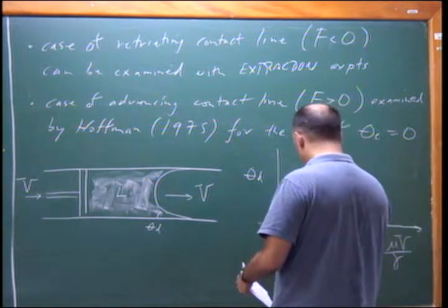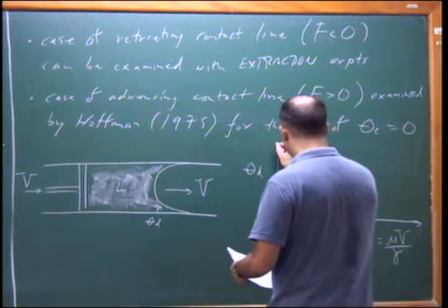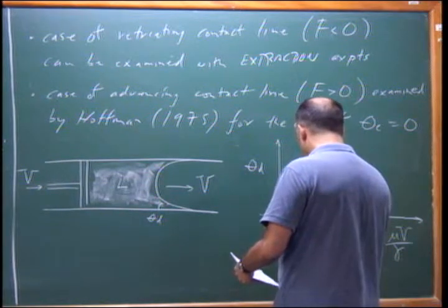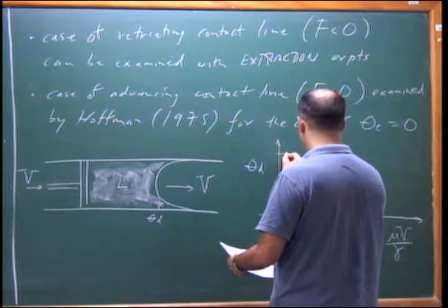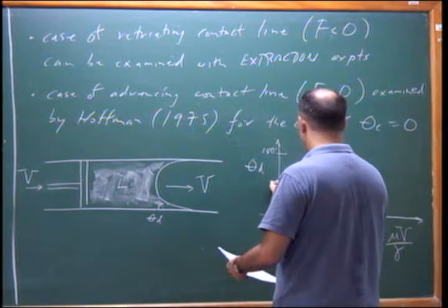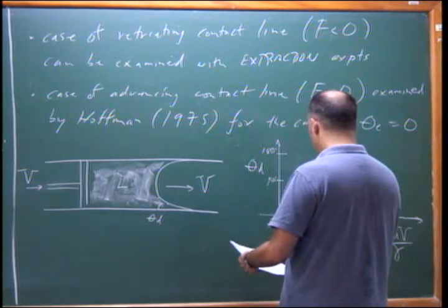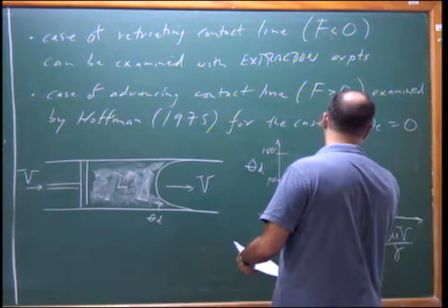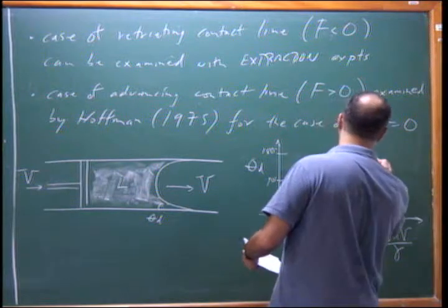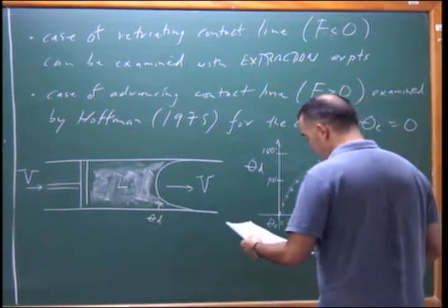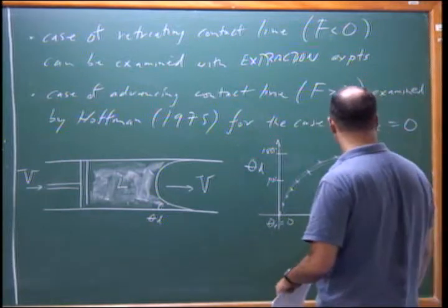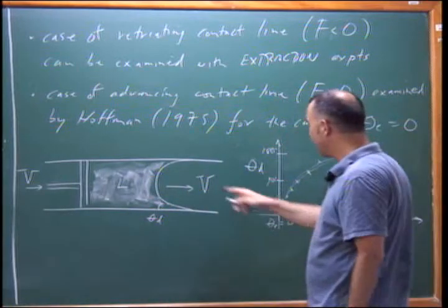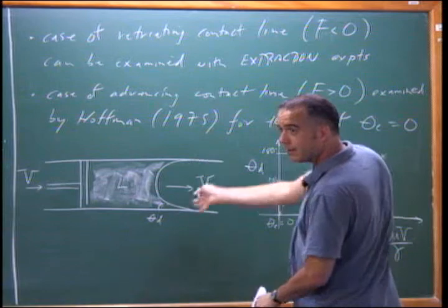You start off at theta e equals 0 when speed is 0, and then it goes up to 80, 90 degrees, looks something like that. So it's saying that if you go fast enough, eventually the sense of the meniscus reverses, right?